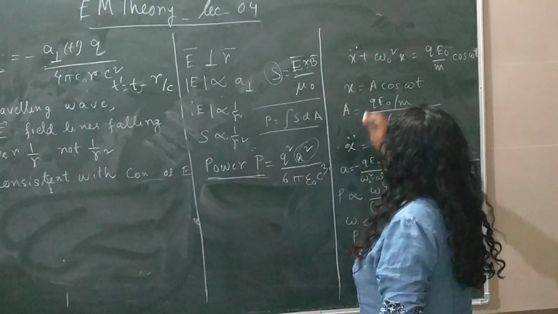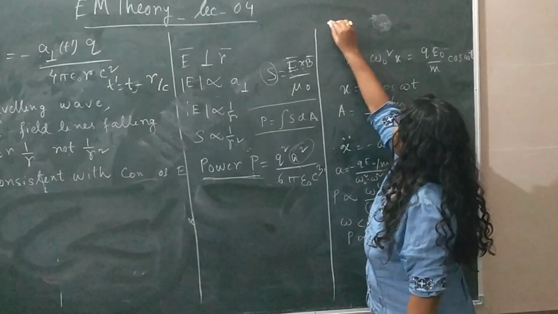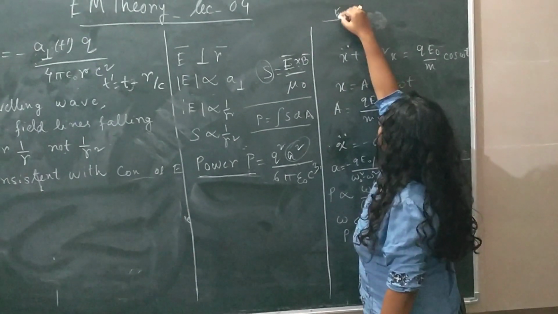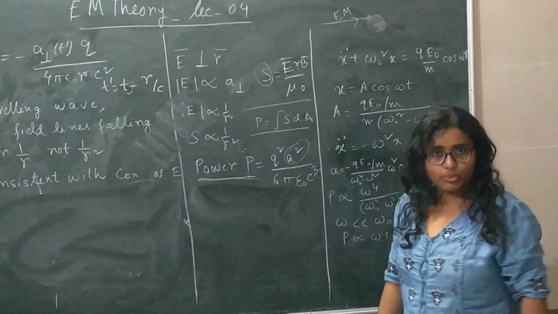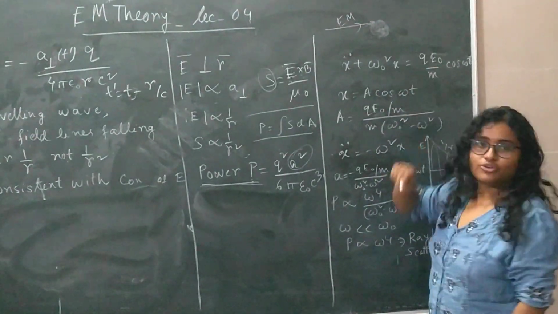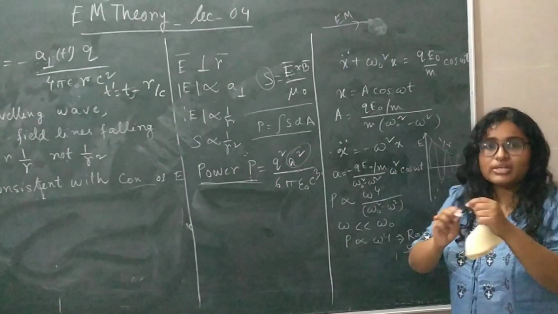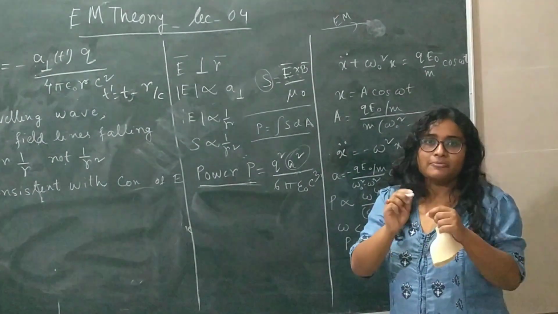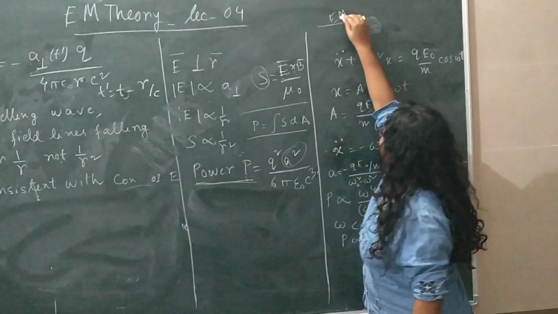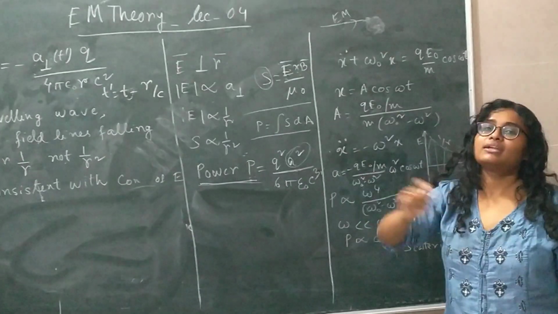Suppose you have a bound atom or molecule, and some incoming EM radiation is incident on it. The bound electrons inside the atom or molecule will get accelerated due to the oscillating fields of the incident electromagnetic wave.